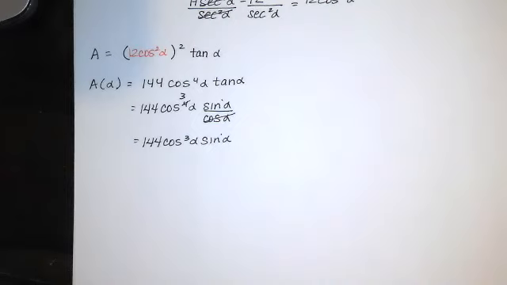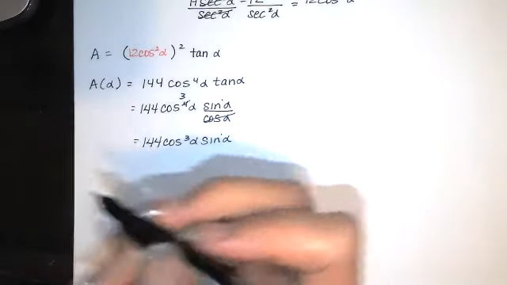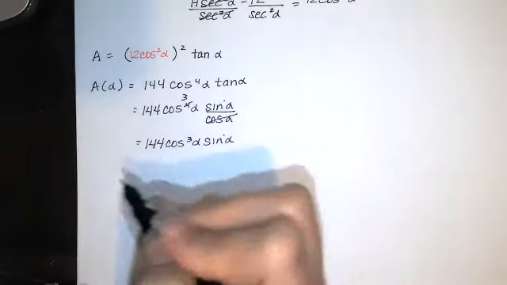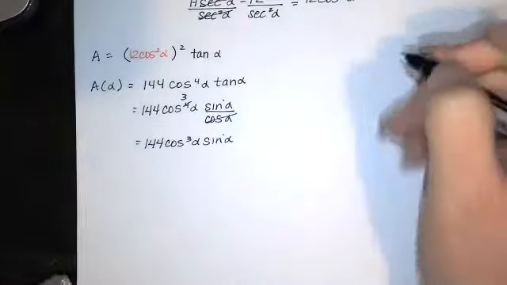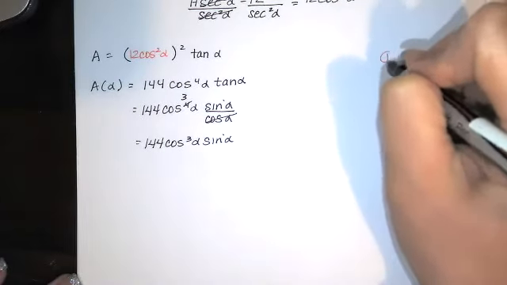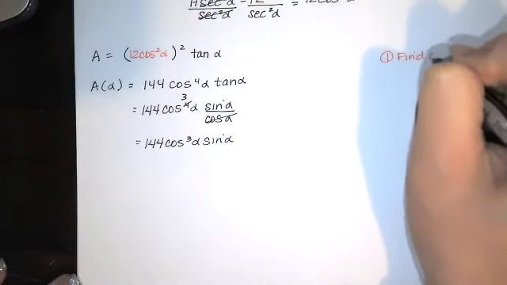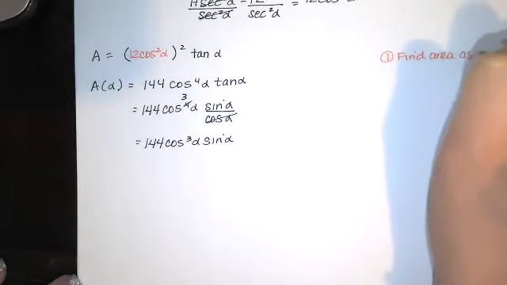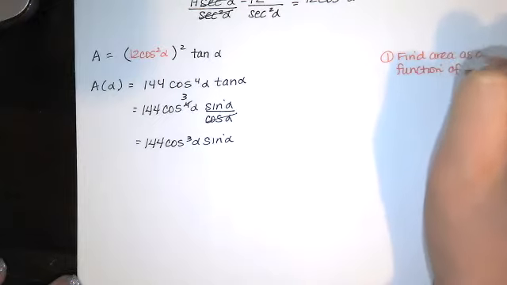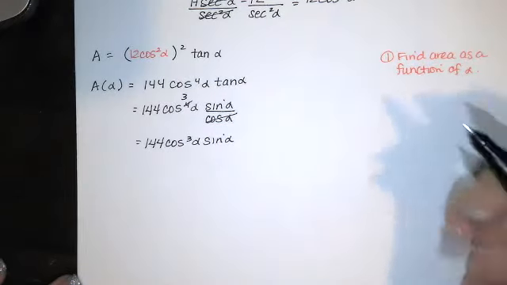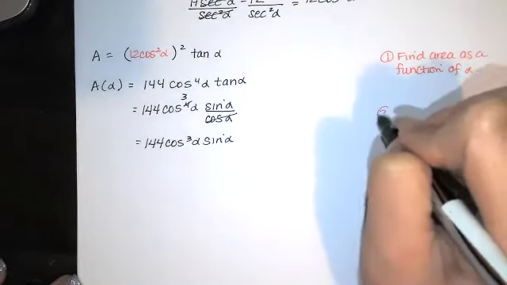We should get the same result that we got when we found area as a function of that distance, lowercase h, in part A. So if I want to optimize this, we did the hard part, which was finding area as a function of alpha. And now that we've done that, we want to optimize it.